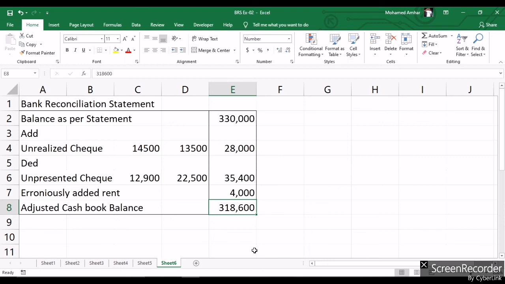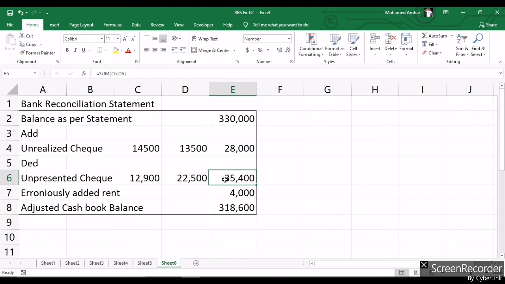Right? So if we prepare this statement and a copy of this statement is sent to the bank, the bank will understand that this balance is wrong. These two checks have to be realized. After realizing that check, the bank should add the 28,000, and two unpresented checks are there.